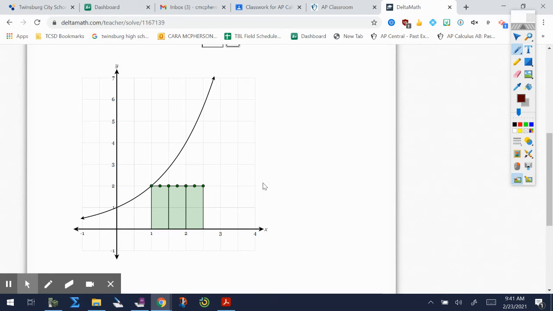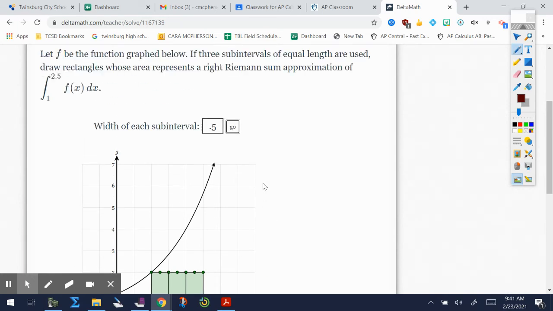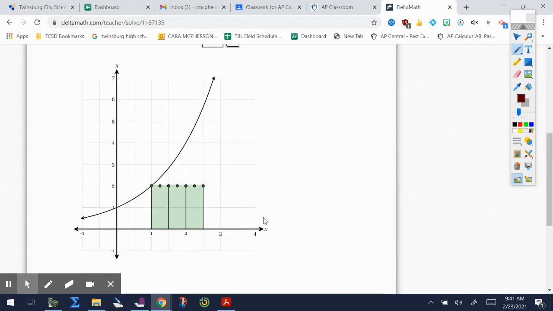Now you have to use your mouse or your touchpad, and you have to drag the right side to get each one to be the correct height. So from 1 to 1.5, I want to use the right side. This always does the opposite of what I want. I want to use the right side to get up to that height. And then I have to bring the left side along with it.